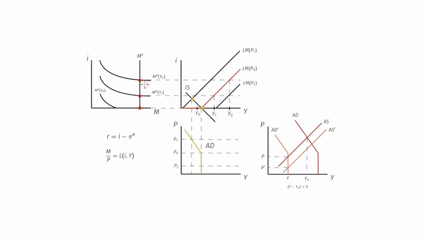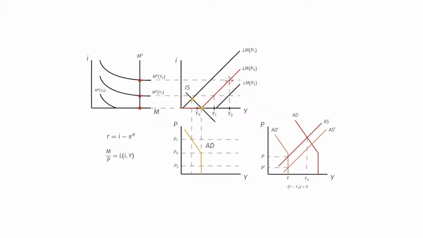Now, from the equilibrium points of the money market, these red points, we are going to transfer these points to the second graph, with the nominal interest rate and output on the axes. So this point for output Y2, we transfer it here.